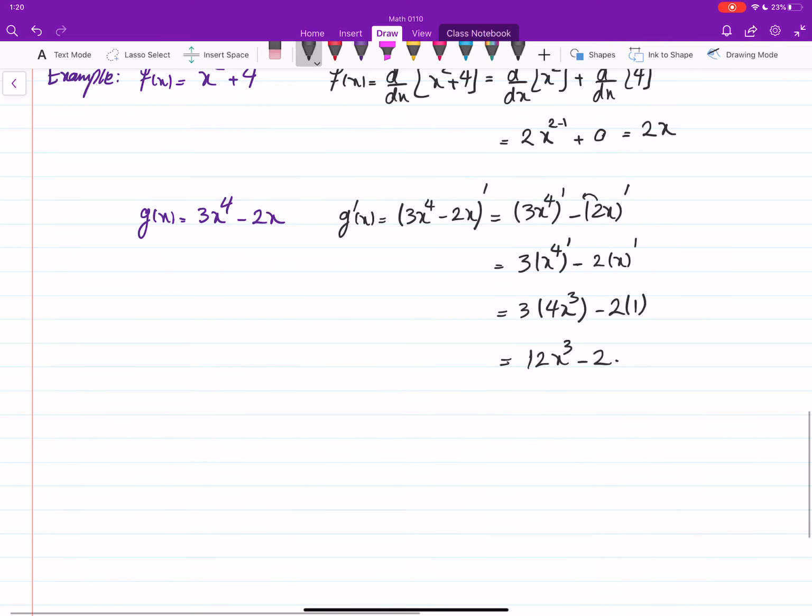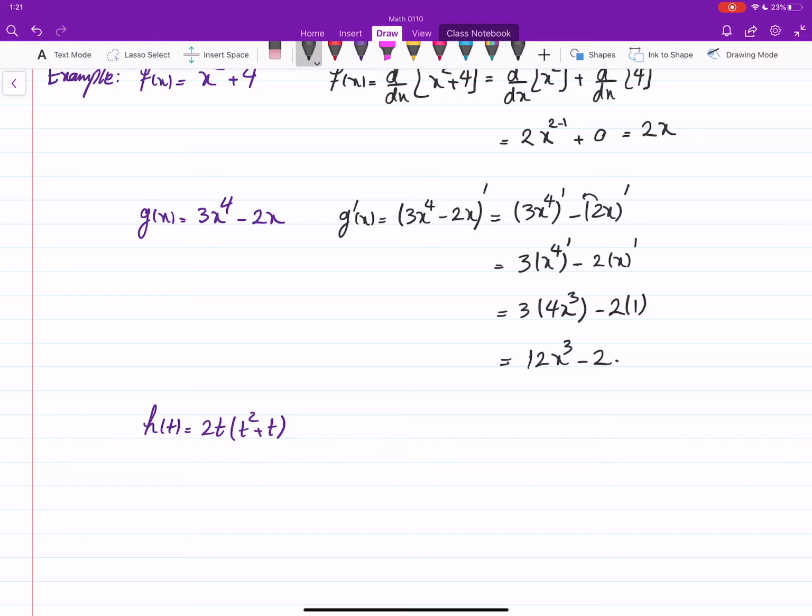Okay, and this way basically you can find the derivative of all polynomials. Any polynomial one gives you, you can just go ahead and do the power rule and then you find them all. Let me do one more example before we finish this. H at t is equal to 2t times t squared plus t.